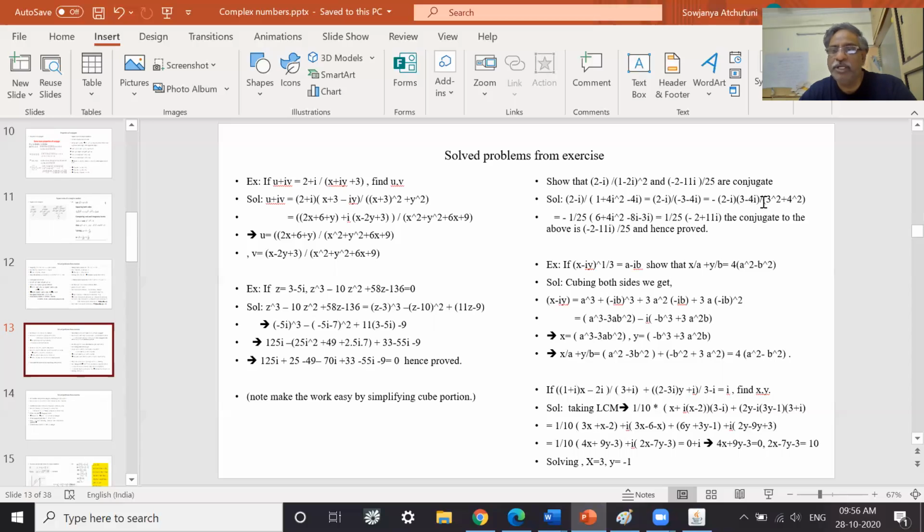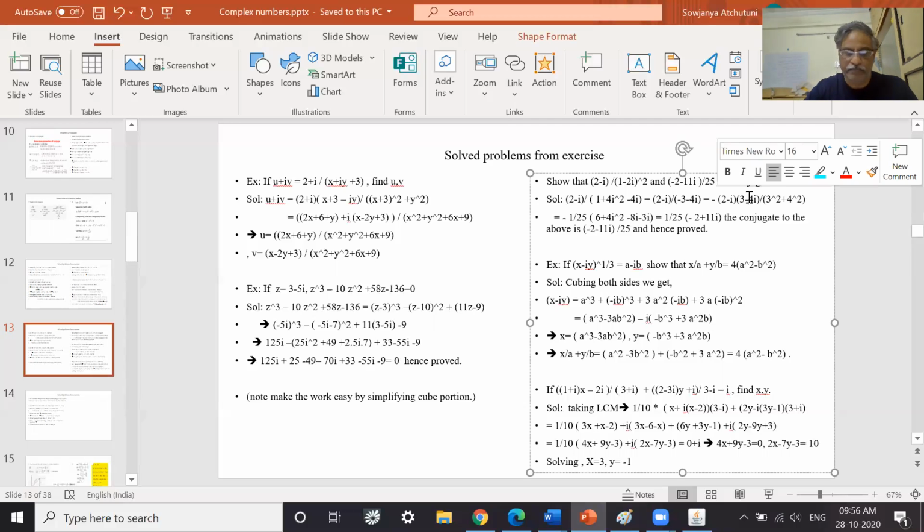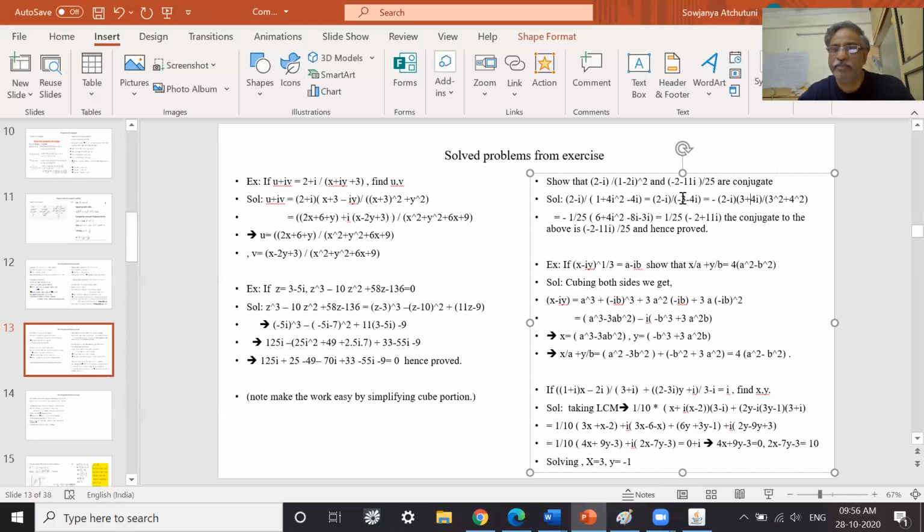Then I'm using the conjugate, minus 3, I should multiply it with the plus 4i here. So when I simplify it, I'm getting 1 by 25 into minus 2 plus 11i, which is nothing but the conjugate of this. So we have to simplify using the conjugate method.